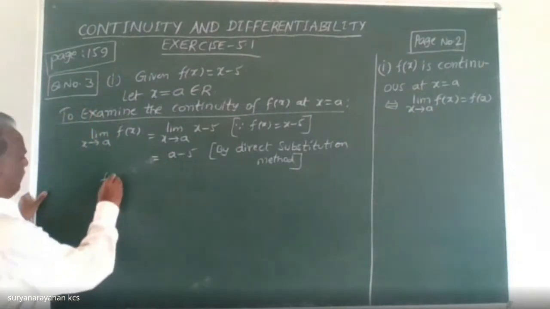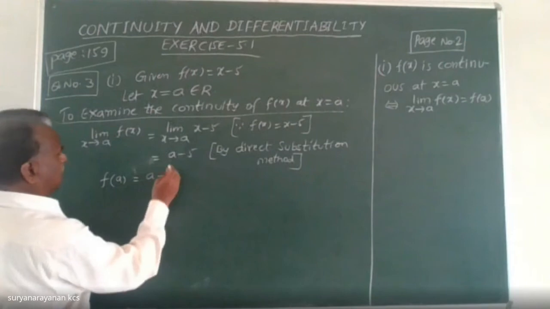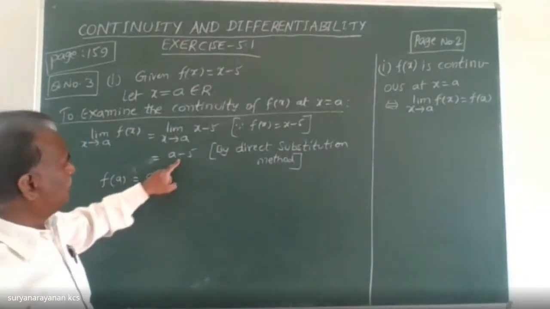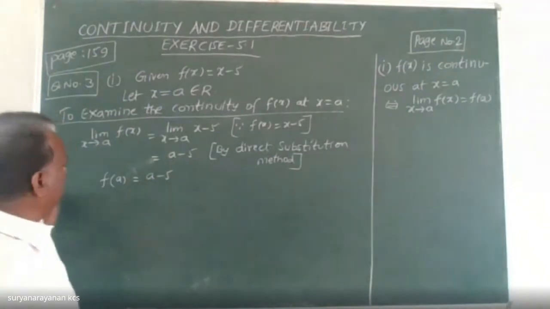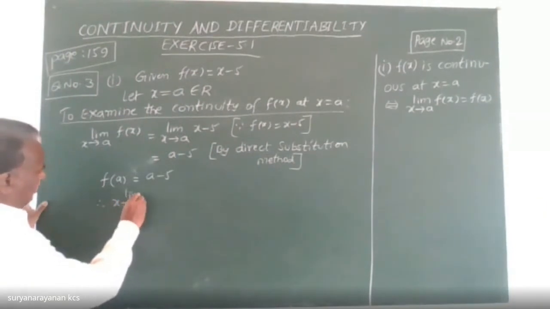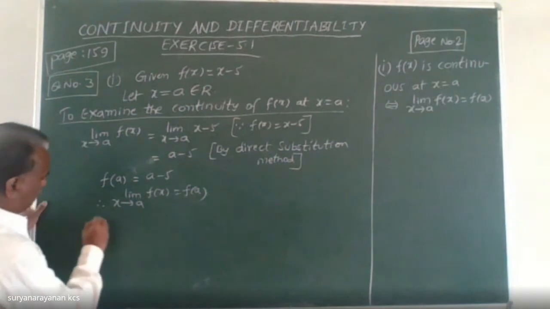Now let us find f of a. F of a, in the given function, directly substitute a. If you observe, the limit of this function as x tends to a is equal to f of a. Therefore, the limit as x tends to a of f of x is equal to f of a. That's all.